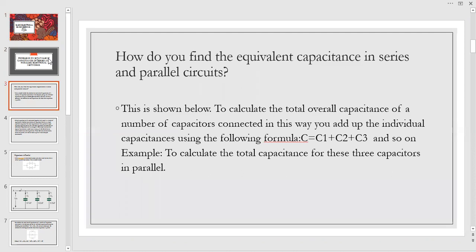How do you find the equivalent capacitance in series and parallel circuits? This is shown below.